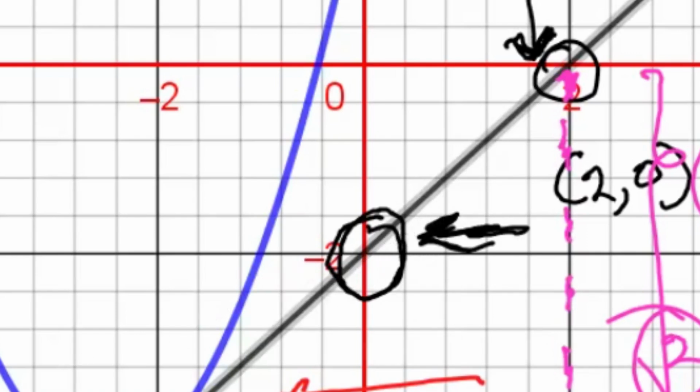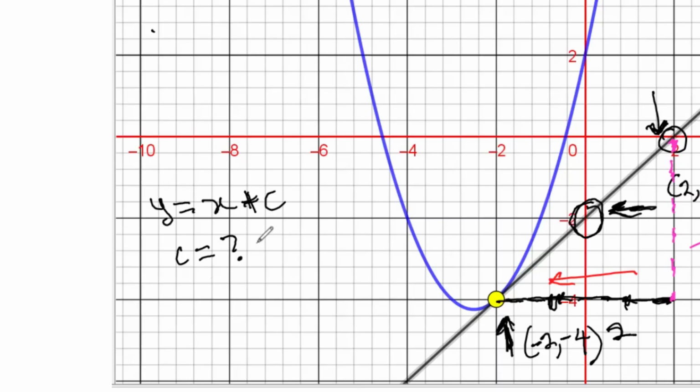The value is -2. So here c is -2. So the equation of this tangent is y equals s minus 2. This is one way of doing this.